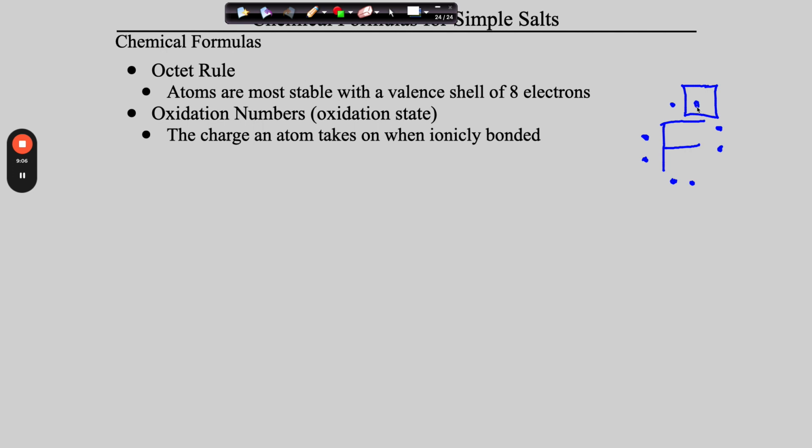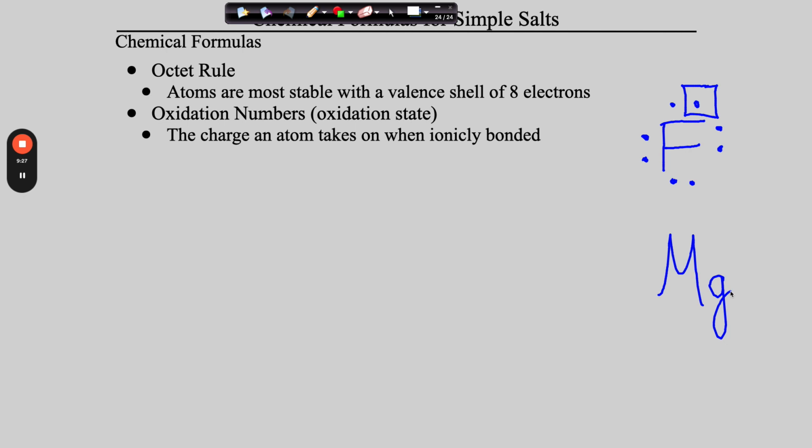Now let's look at another example. Let's take a look at, let's say magnesium. Magnesium is a metal. It is on the left-hand side of the periodic table. And guys, if you look at magnesium, element number 12, it's in the 2nd group.